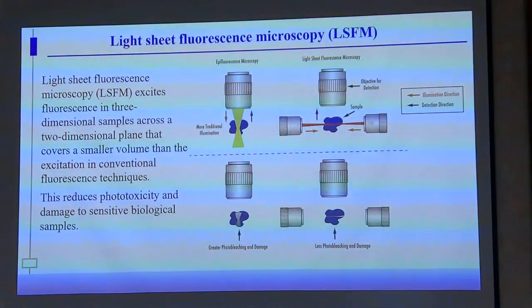In the first case, illumination is left to right and detection is top to bottom, but in this case, it's in the same and opposite direction. Due to LSFM, we expose a much smaller volume of the cell in comparison to the conventional fluorescence technique, and it reduces phototoxicity and avoids damaging your sample.